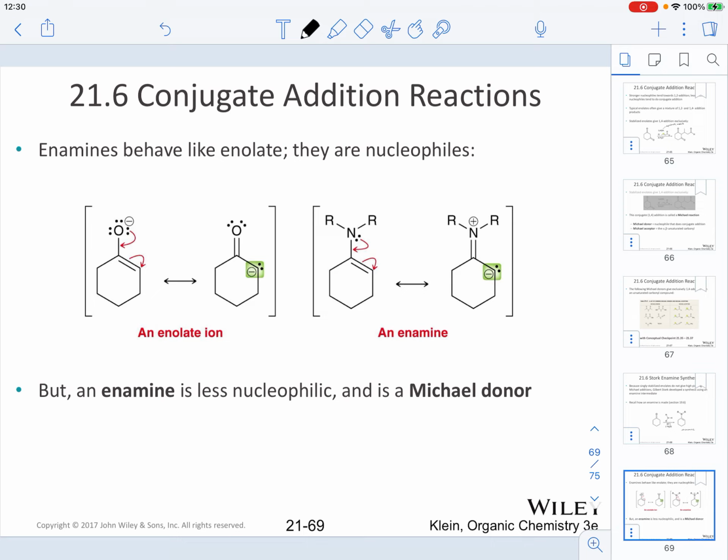In the case of the enamine, it is to nitrogen, and we can see at the alpha position that negatively charged atom, which is carbon. Okay, so understand that enamines are nucleophilic, and they can be considered a Michael donor.